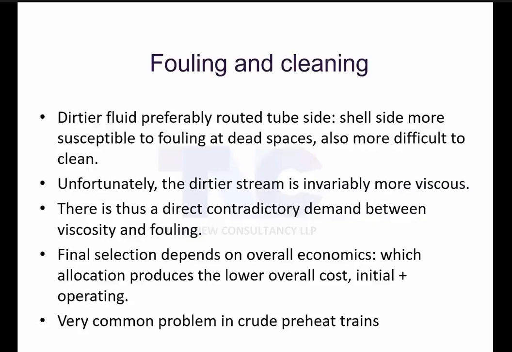If I send my high pressure fluid in the shell side, how much will the shell thickness increase? And if that is economical, or if I send the dirty fluid in the shell side, I may need to clean frequently. The plant has to shut down frequently, then I need to clean it. So you need to do some balance in that.